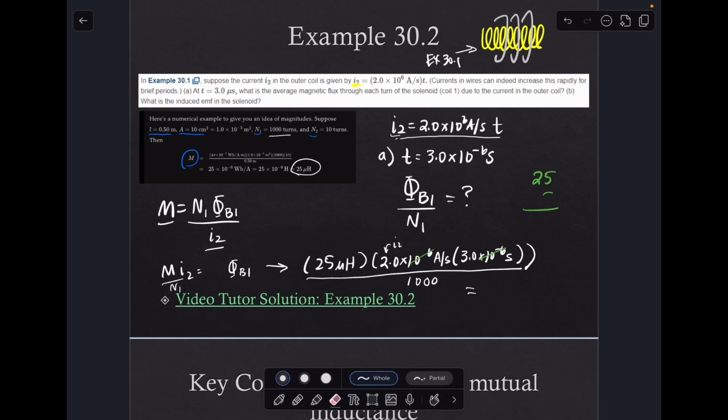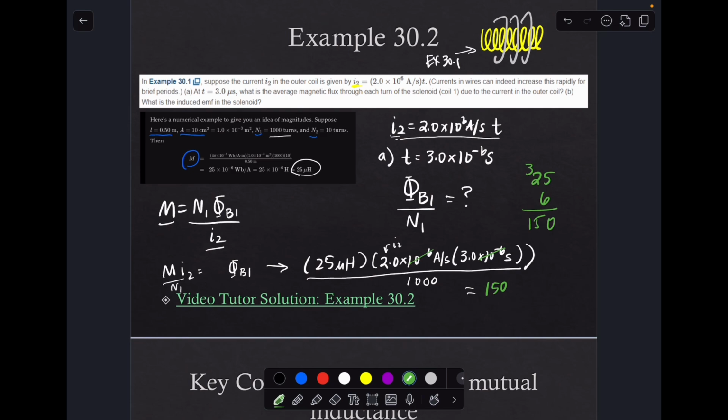Oh, times 6. Okay, yeah, 150. So that's 150 microWebers divided by 1,000 turns. That's going to be phi B1.